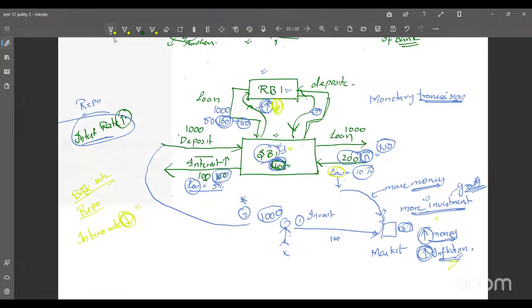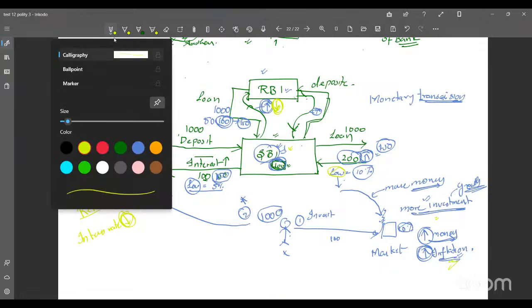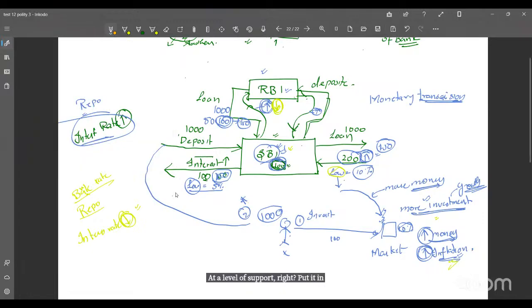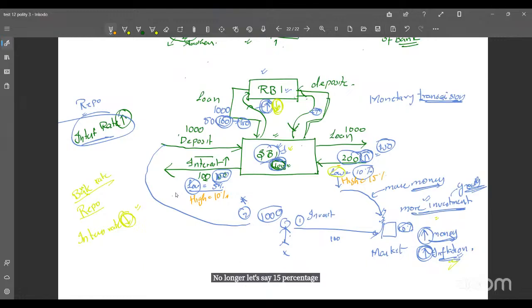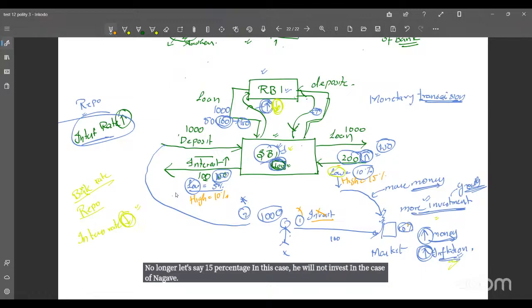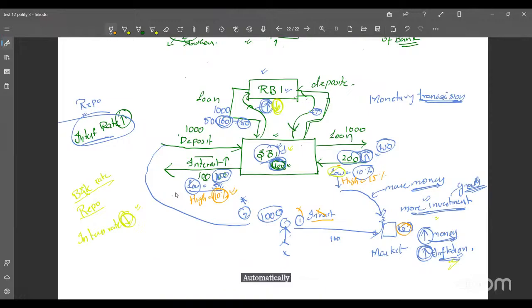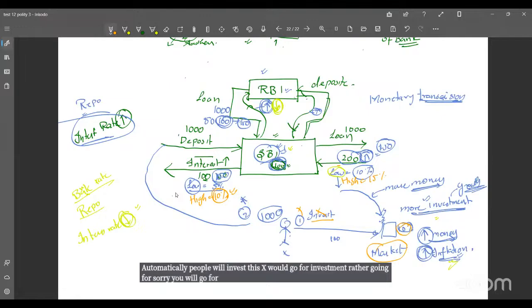Now take the opposite criteria, I will put it in a different color. Interest rate high. Let's say they made the interest rate 10%, automatically this will also become high, let's say 15%. In this case he will not invest, because here also it is 10%, but this is safer. Going to the bank is safer than investing. Automatically people will go for deposit rather than investment.